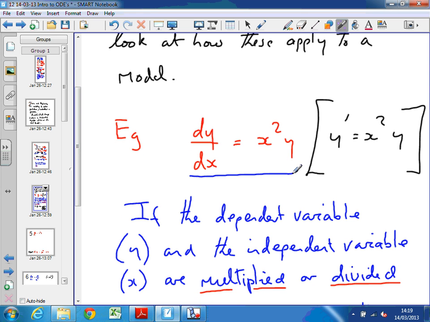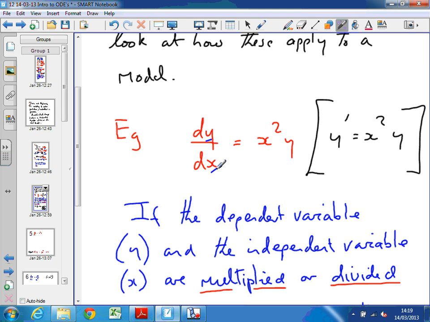Is that a differential equation? Right, because it's got one independent variable. And what is that independent variable? No, that's the dependent variable, x.